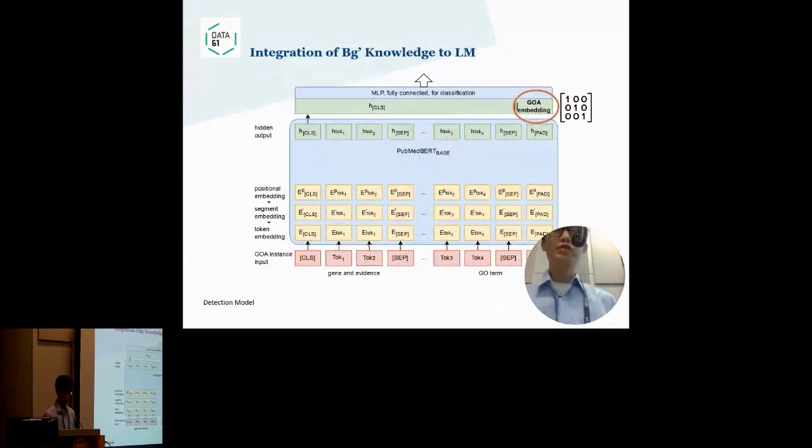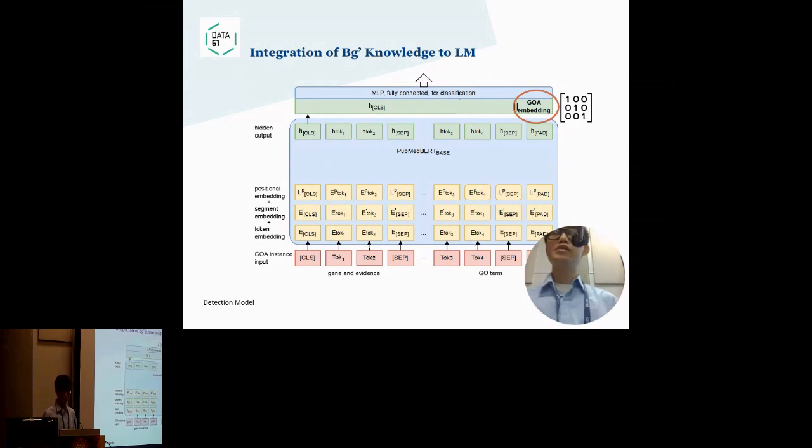And this diagram shows an example of how this information is combined with the BERT language model. Here, I'm demonstrating using the PubMedBERT model, which is a language model. This node embedding is concatenated with the last hidden layer, and the concatenated representation is then forwarded to make a text classification.